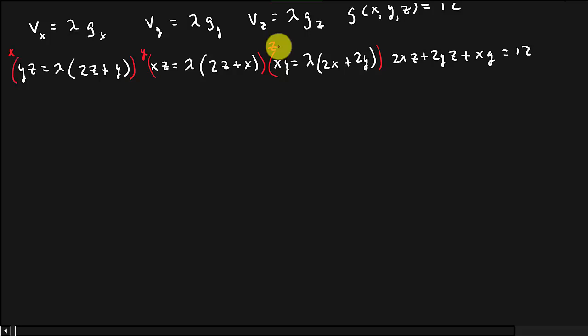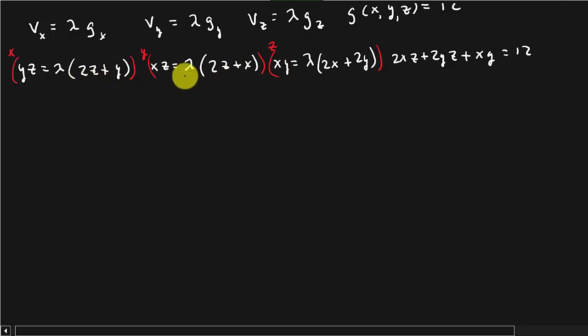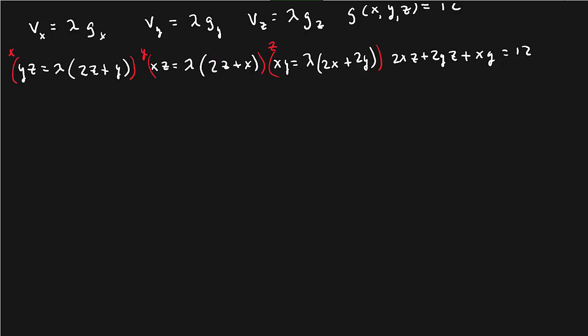The reason I'm doing that is because it'll give me xyz on the left of each. So I'll have xyz equals each one of those things, and that's going to allow me to set the right-hand sides equal to each other. And then I can solve.